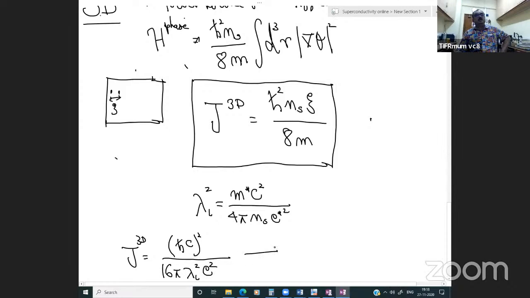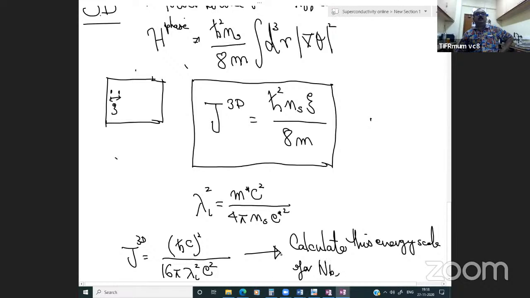This is an expression. Before the next class, I want you to calculate this energy scale for, let's say, niobium. You can get the lambda values from any book. I think Kittel has it, Tinkham also might have it, or Wikipedia.